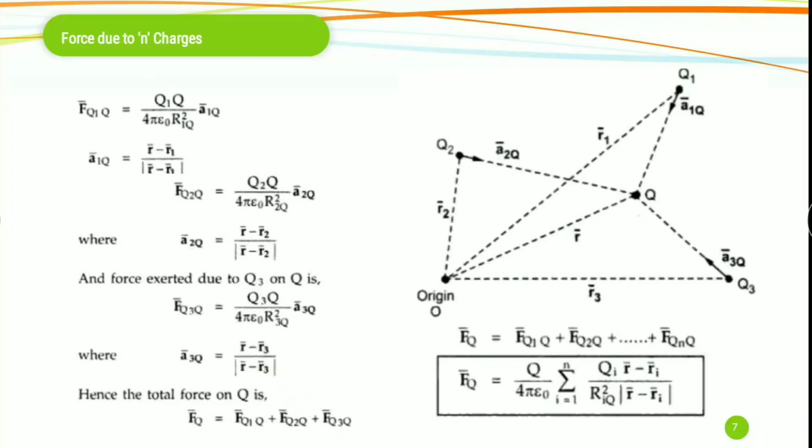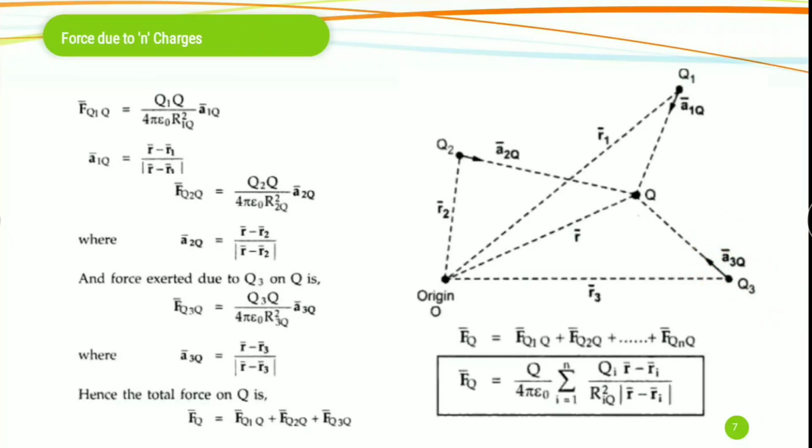Hence, what about the total force acting on this charge Q? That means there is an impact due to Q1, due to Q2, due to Q3. So we find the sum of all these forces. So what is the total force FQ? That is equal to F1Q, F2Q and F3Q.